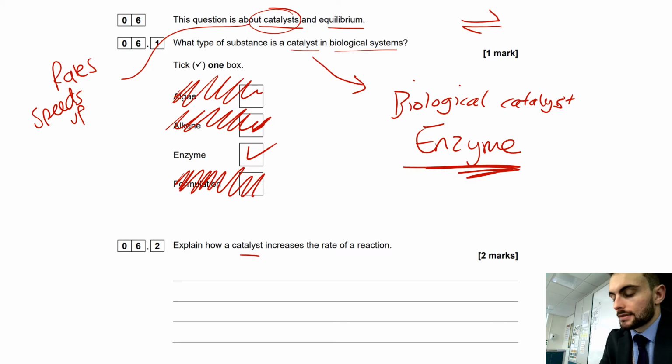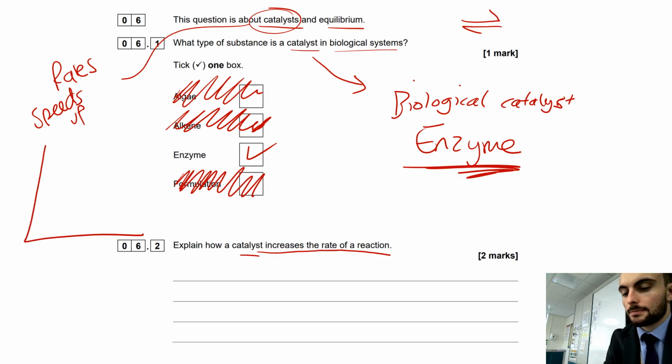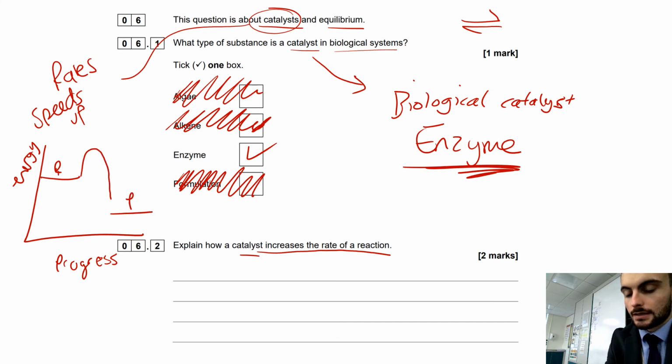Explain how a catalyst increases the rate of a reaction. When I see that, I'm thinking of this diagram. The energy profile, you've got progress of the reaction and energy. Let's say it was an exothermic reaction: reactants, products, and then you have your activation energy. If we had a catalyst, it lowers that activation energy.